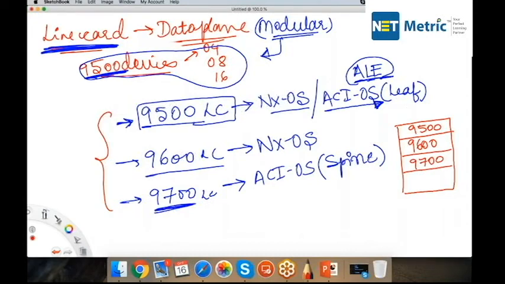And when deployed with ACI operating system, these line cards give you the functionality of spines.